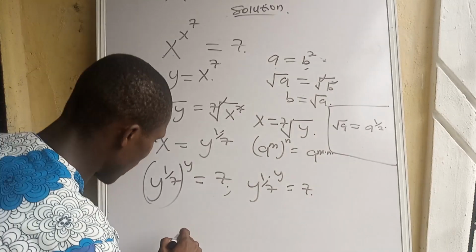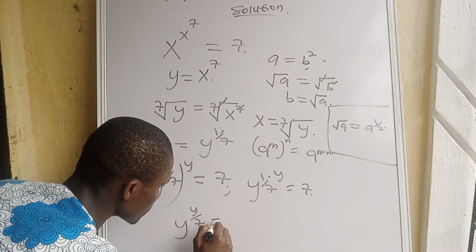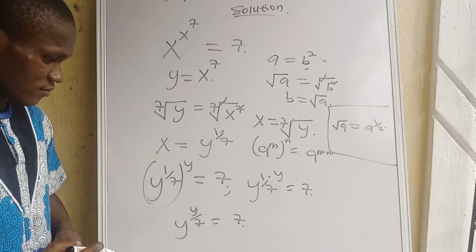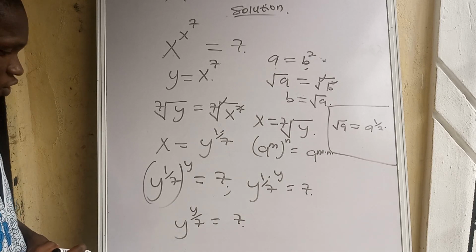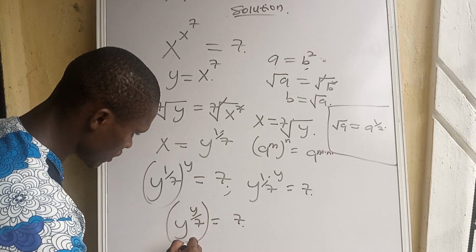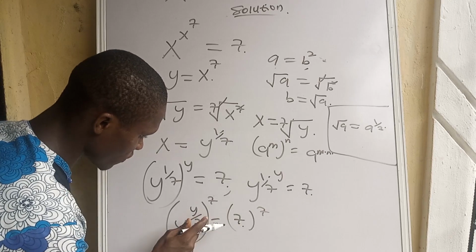Having done that, we are having y to the power of y over 7 is equal to 7. So how can we resolve for y? Resolving for y, we can take the power of 7 of both sides in order to remove the 7.